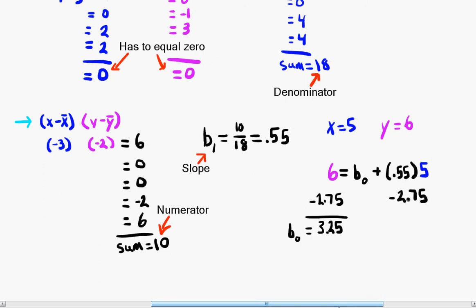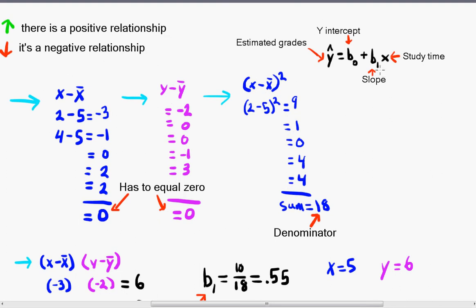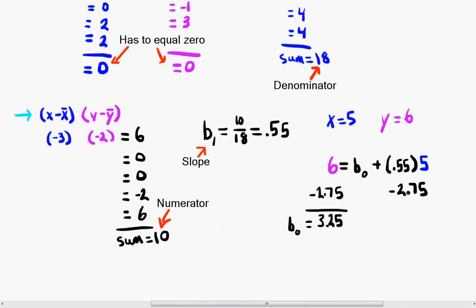Okay, so our next step is, since we figured out what the slope is, we can place that into the equation because we already know what x and y are. So we place the slope value in there, 0.55, and then we know the x mean value is 5, so we place that there. And then we also know that the y mean value is equal to 6.